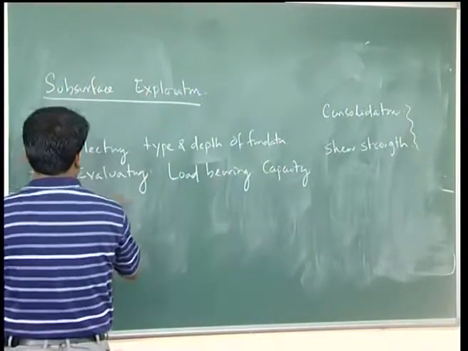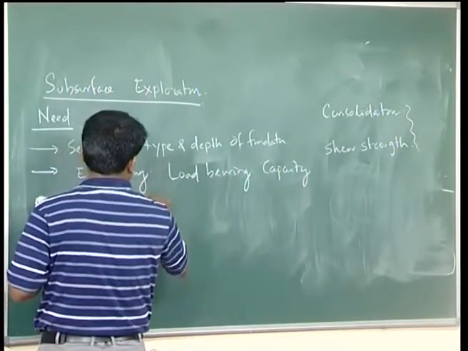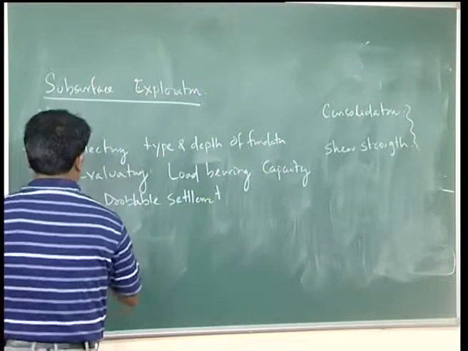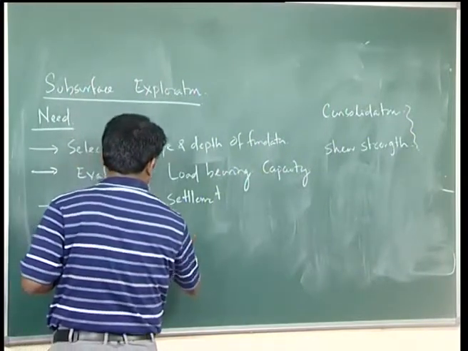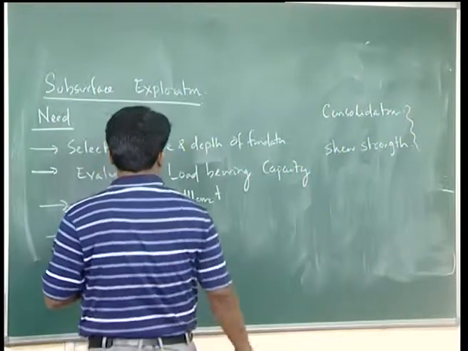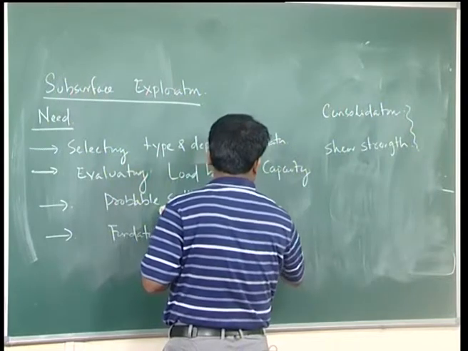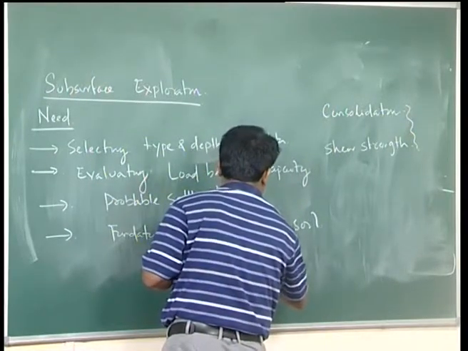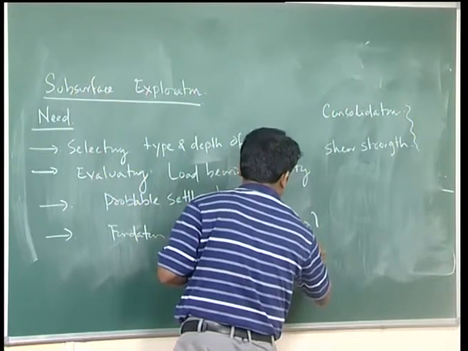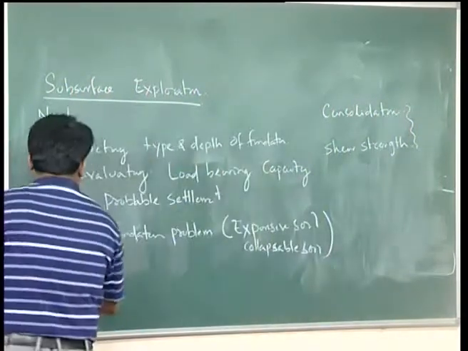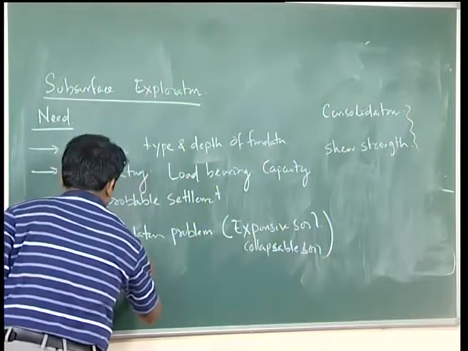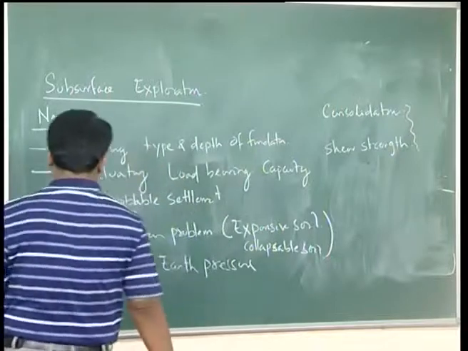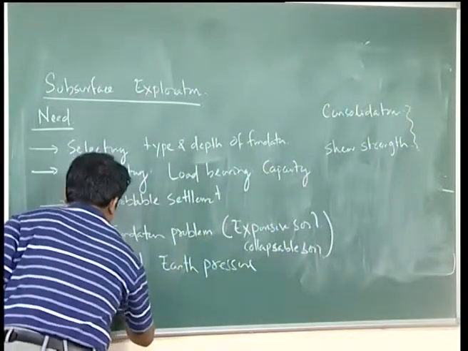Third is probable settlement. Fourth is foundation problems, like expansive soil, then collapsible soil, then your lateral earth pressure, then what are the construction methods?